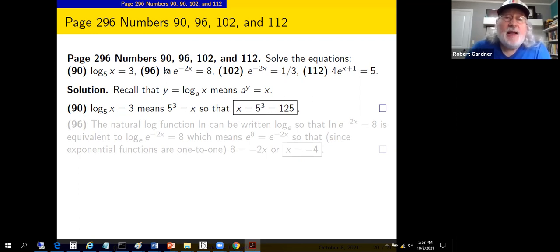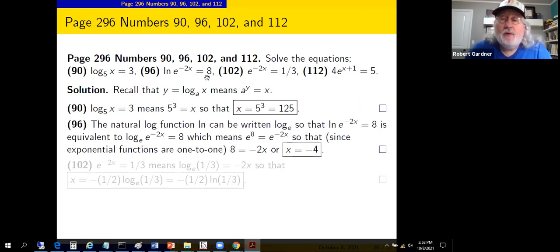Second one, natural log of e to the negative 2x equals a. Okay. Natural log function is log base e. So let's take this and rewrite it as log base e of e to the negative 2x equals a. That you're more familiar with. It's the only reason I'm rewriting it like that.